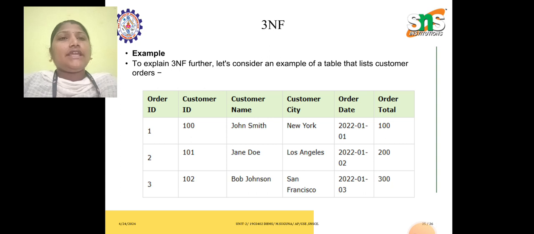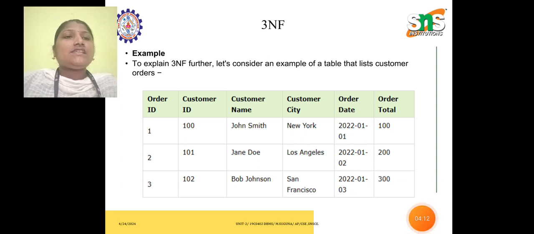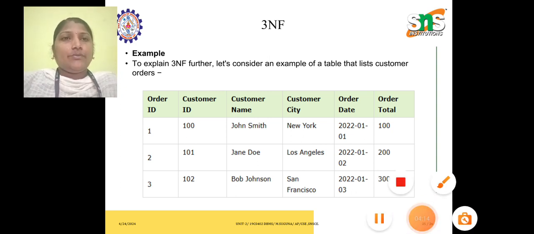So the customer name will again determine customer city. Or otherwise we can take it like this: order ID determines customer ID, customer ID will determine the customer name, so obviously order ID can determine the customer name. So this is a transitive dependency. In this table we have a transitive dependency.